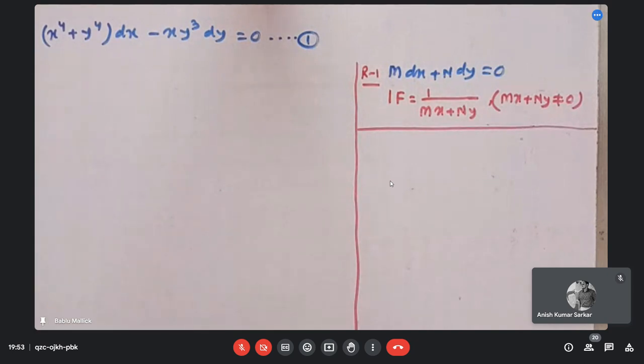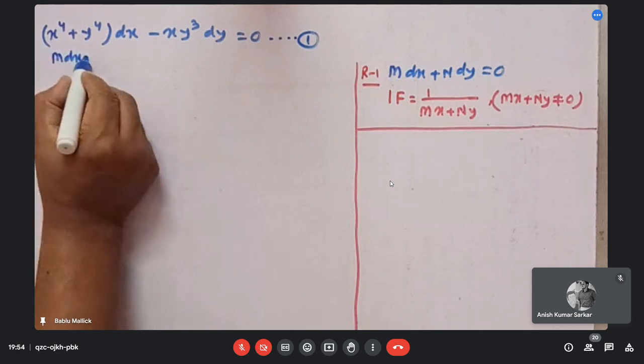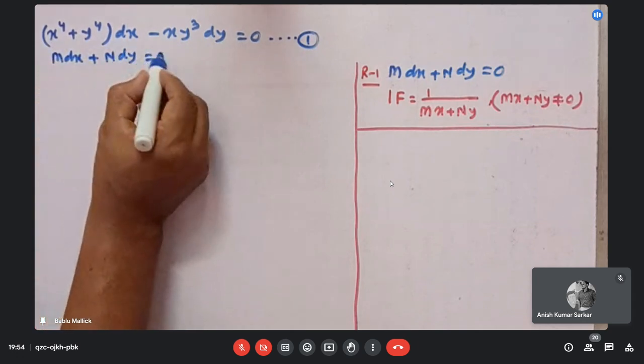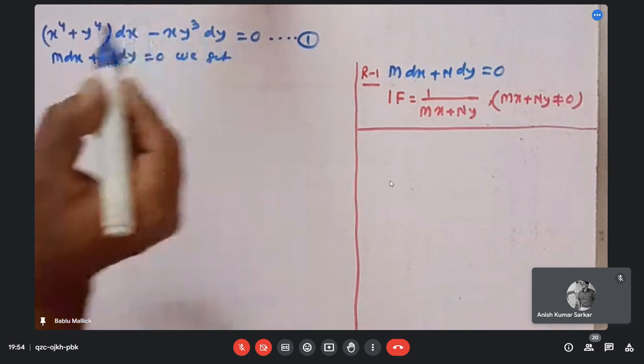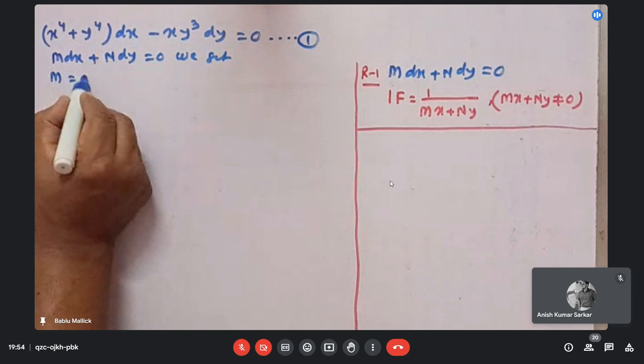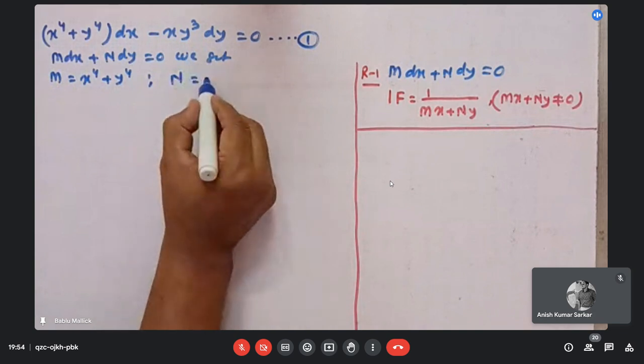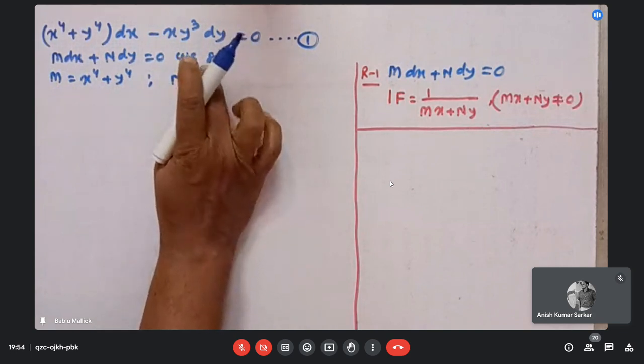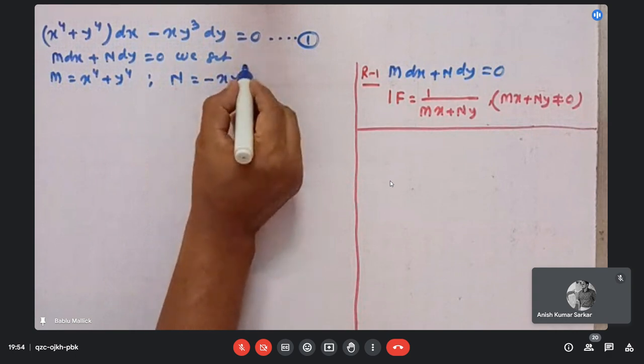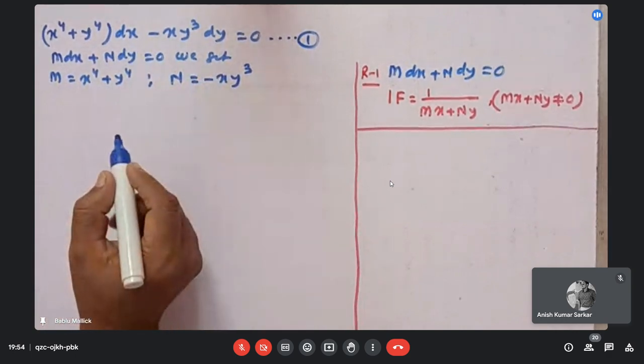Comparing equation 1 with m dx plus n dy is equal to 0, we get m is equal to x to the power 4 plus y to the power 4, n is equal to minus of x into y cube.